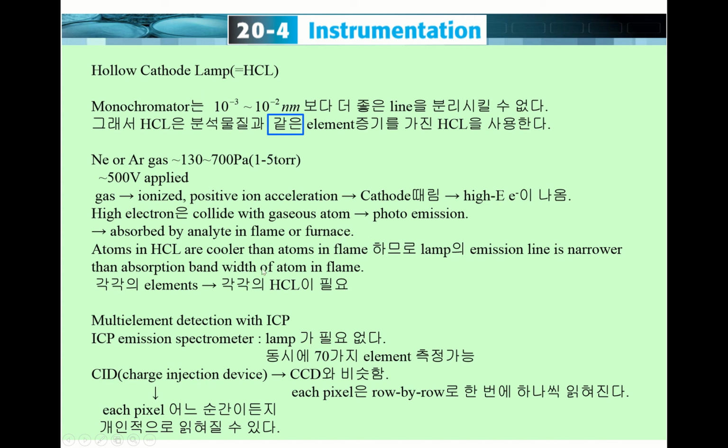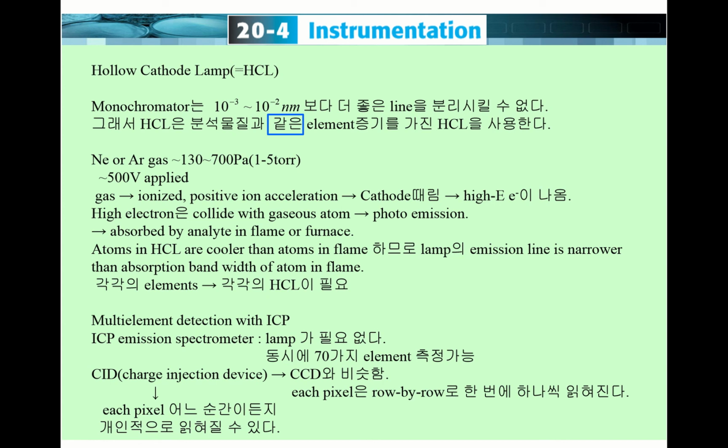Atoms in hollow cathode lamps are cooler than atoms in a flame, so the emission line of the lamp is narrower than the absorption bandwidth of atoms in the flame. Although the maximum absorption wavelength is the same, the line width is different.